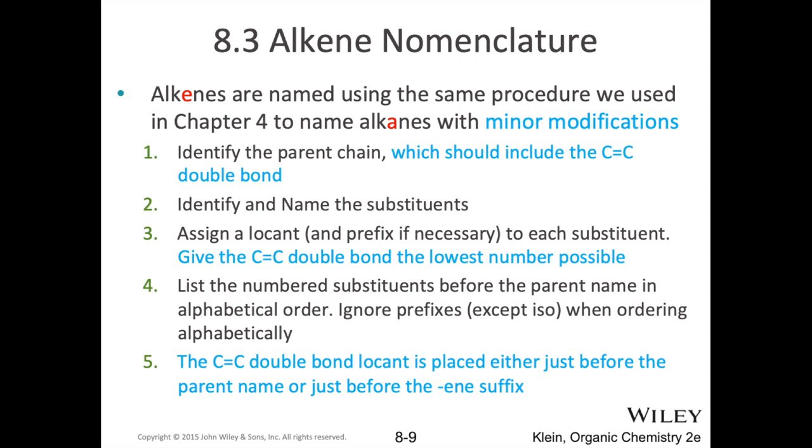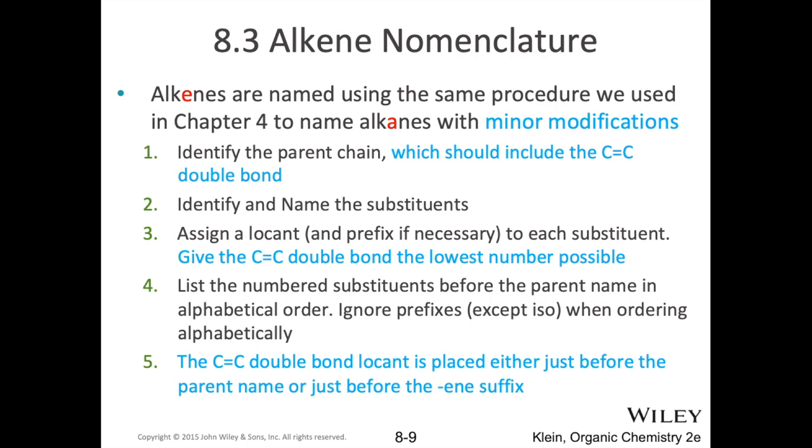Okay, let's talk about nomenclature. You'll find that the nomenclature for alkenes is very similar to what we've already seen with alkanes. So we're still following IUPAC rules for naming these. We're still going to go with that trend of looking for our longest continuous chain of carbons, also known as our parent chain.